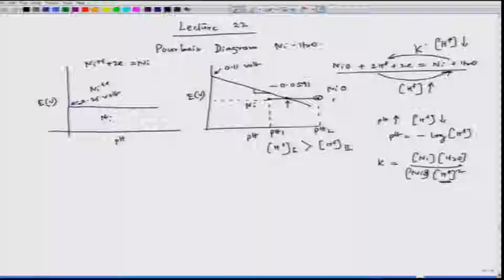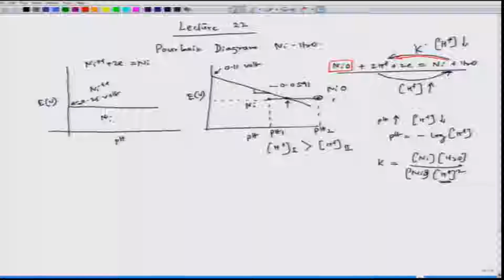Because at this point the equilibrium has been set up, and H plus ion concentration is decreasing, then of course the reverse reaction should take place. That time nickel should get oxidized to form nickel oxide. So, that means this side definitely should be NiO.